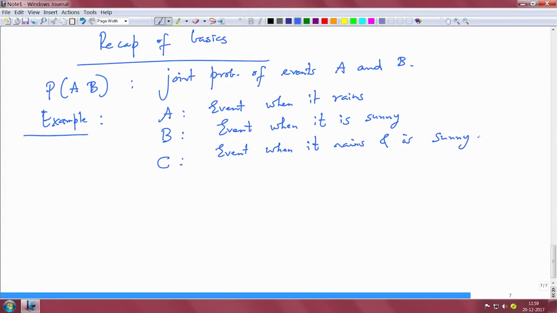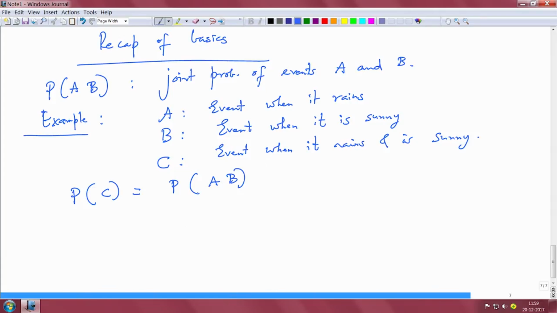Probably you might see a rainbow, right. So, probability of this event C is the joint of A and B, probability of the occurrence of event A and B, right, and that is what we mean.